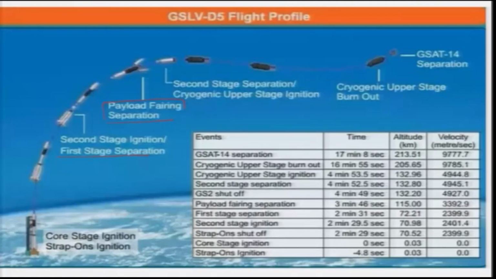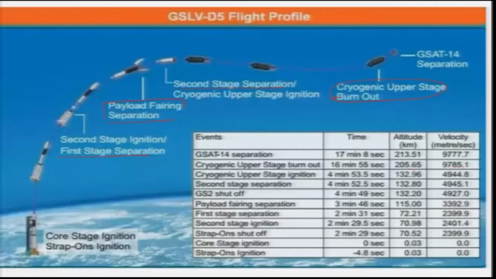This is your second stage. Second stage separation, or the cryogenic upper stage being used, is around 4 minutes 52 seconds, and the velocity will now be 4945 meters per second. And for the cryogenic upper stage, this is the burnout period, at around 9785 meters per second.